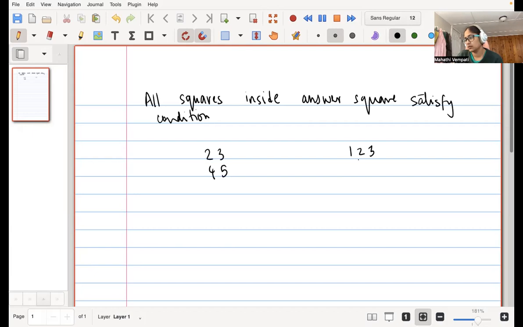So it's 1. 4, 4, 3, 2, 1, 4. This is also 1. 5, 6. Right, this is 3.